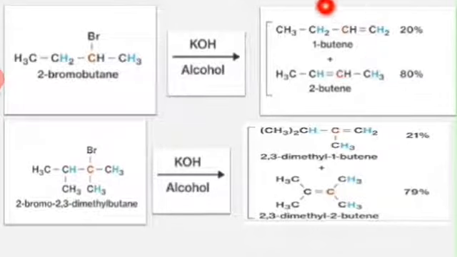So in both the examples, here is the 2-butene, that is the maximum product obtained, 80%, and here is the 2,3-dimethyl-2-butene, where 79% of the product is obtained. Then why does this happen? Because 2-butene is more preferred.